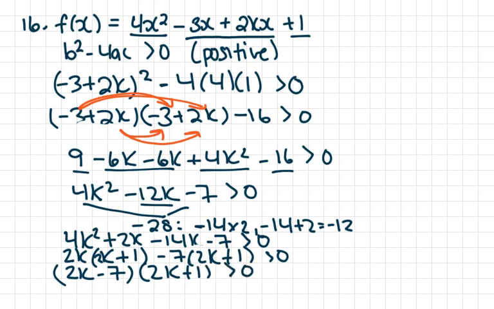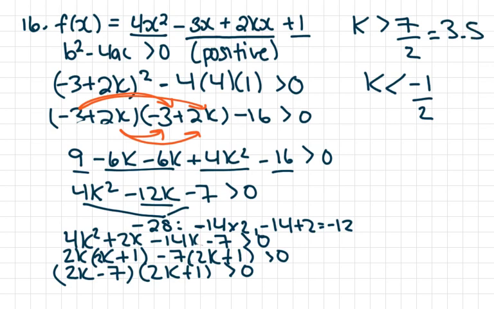So therefore, now solve for k. k is greater than 7 over 2, and k is less than negative 1/2. So for those values, if k is greater than 3.5 or less than negative 0.5, this function will have 2 zeros.